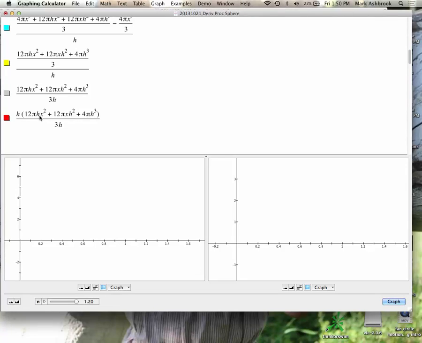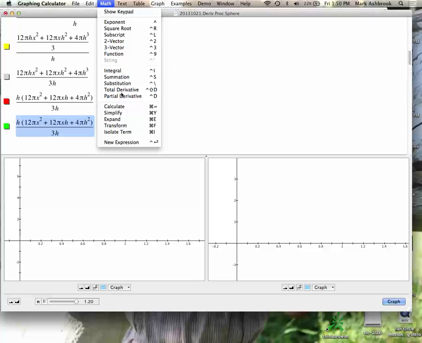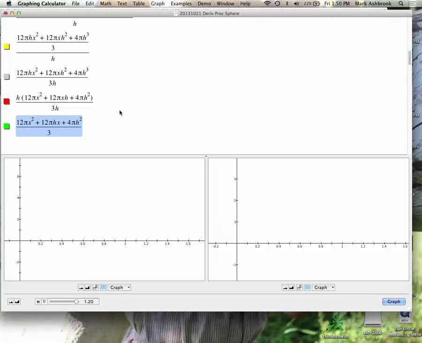Now there's no h in the first, only one h in the second, and two h's left here. That should simplify. The h goes away, and we have this.